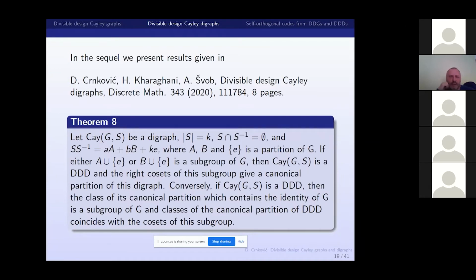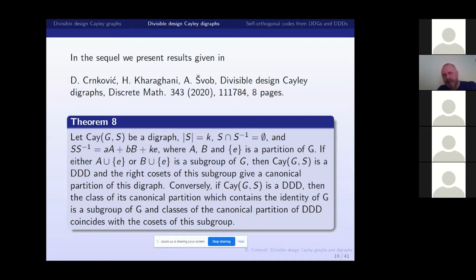And let us assume that S times S to the minus 1 equals A times A plus B times B plus k times the identity element, where again A, B and the identity element form a partition of the group G. If either A together with the identity element or B together with e is a subgroup of G, then the Cayley graph Cay(G,S) is a divisible design digraph, and the right cosets of this subgroup give a canonical partition of this digraph.